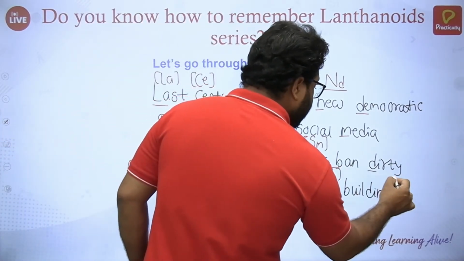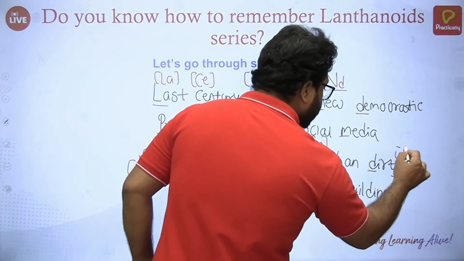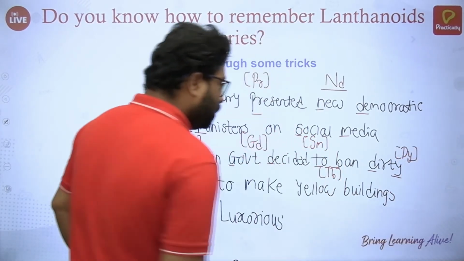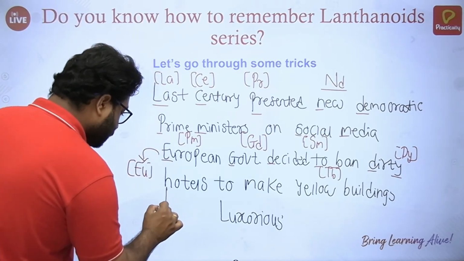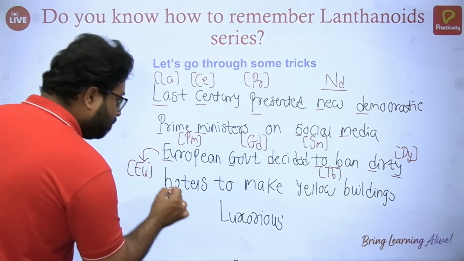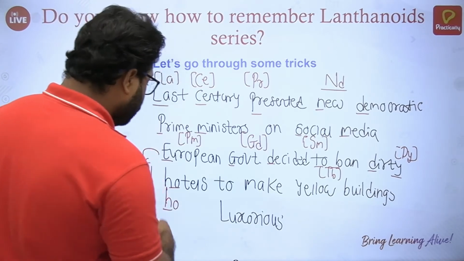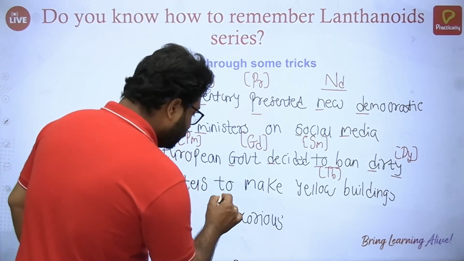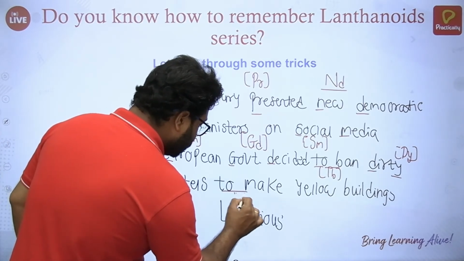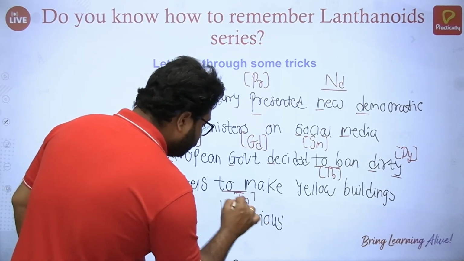Dirty, DY, dysprosium. Hotels, HO, holmium. Then to make, TM, thulium.